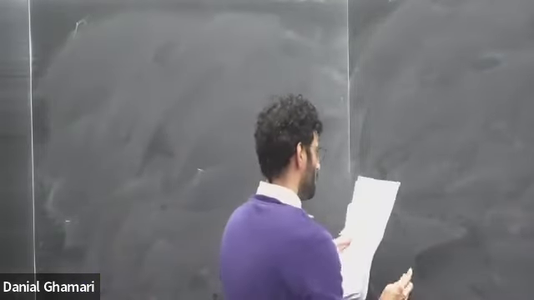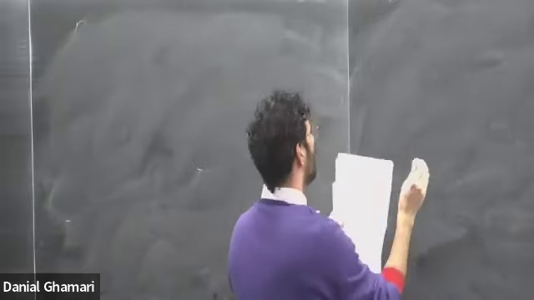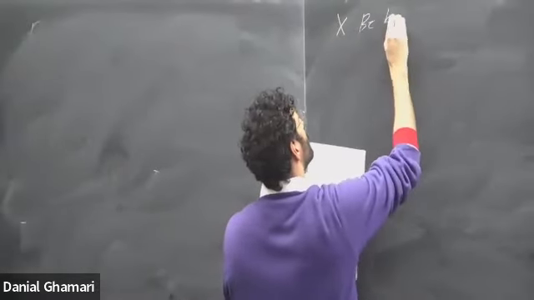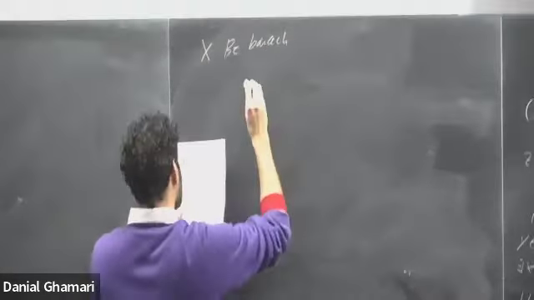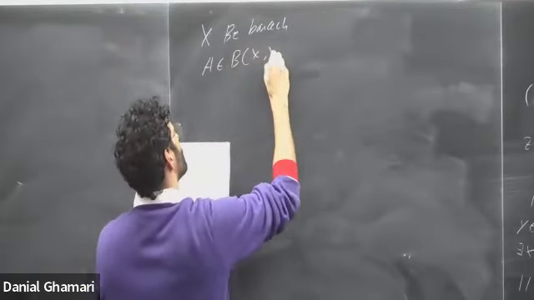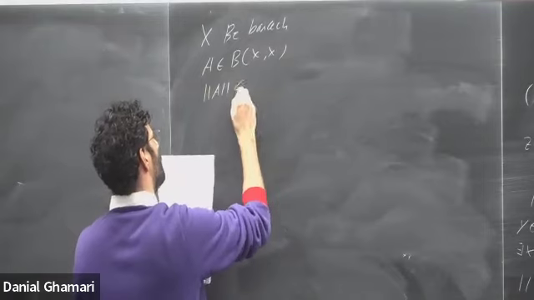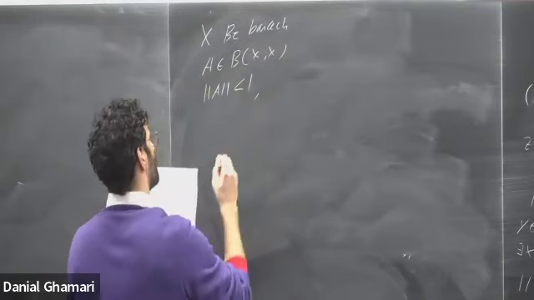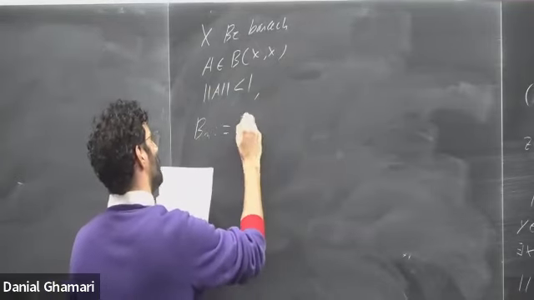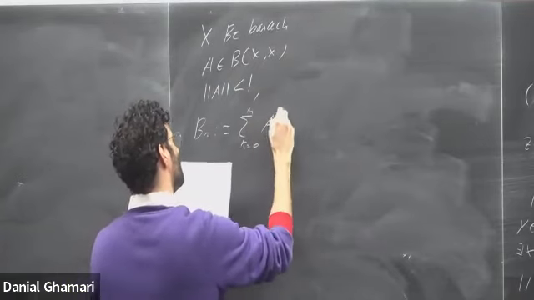Did you take 731? Yeah. Okay. So we'll take X to be a Banach space, and we'll take A, an element of the bounded operators from X to X, and we'll say that the operator norm of A is less than 1. Then we define a partial sum B_m as the sum from k equals 0 to m of A^k.